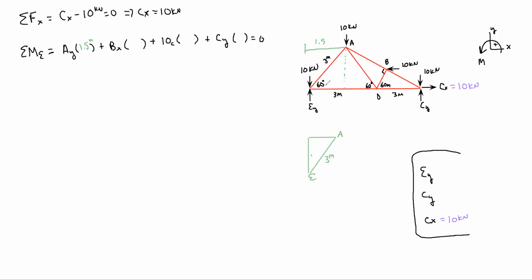If this angle is 60, that makes this angle 60. That makes this distance 3 times the cosine of 60, which better be 1.5. Okay, so that's where the 1.5 meters comes from.